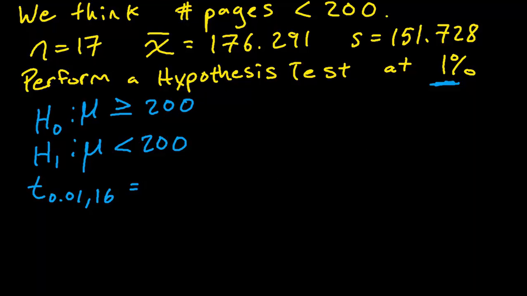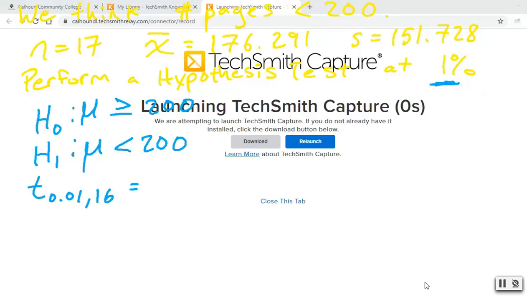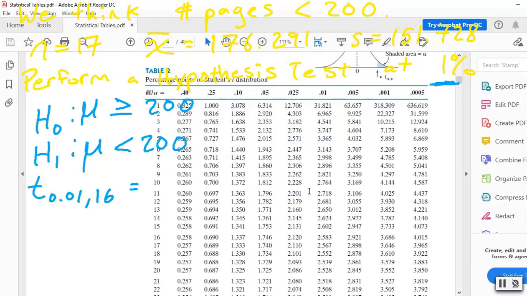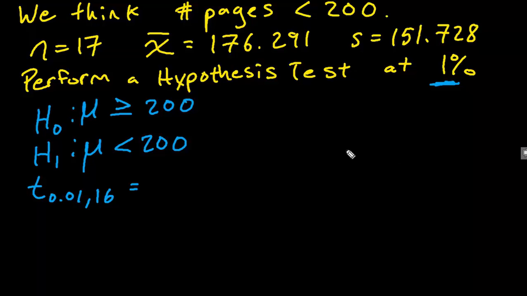I wrote the wrong one down in my notes, so we have to go look real quick. All right, 2.583 is our critical value.